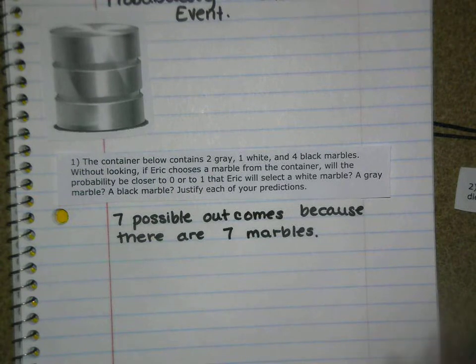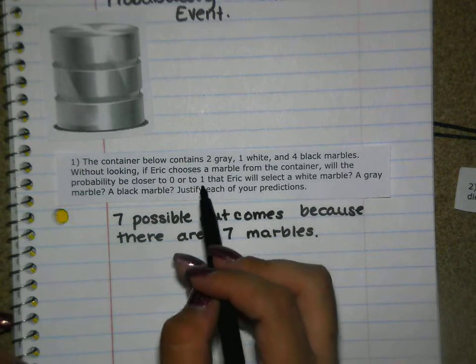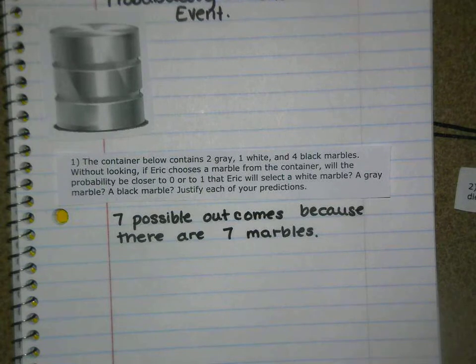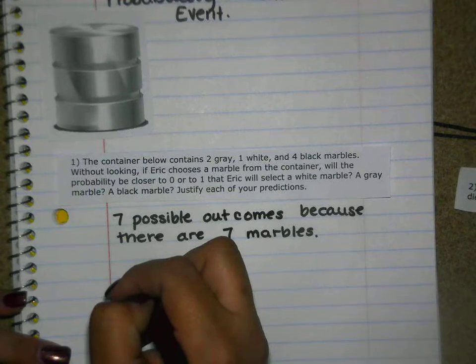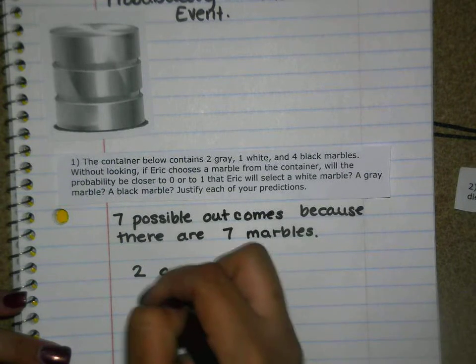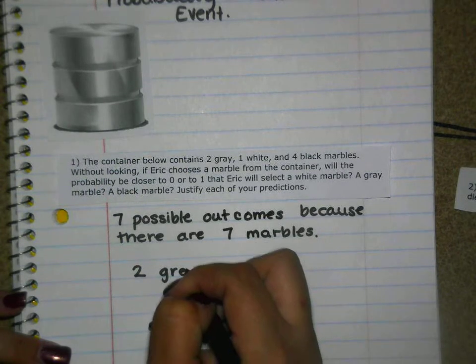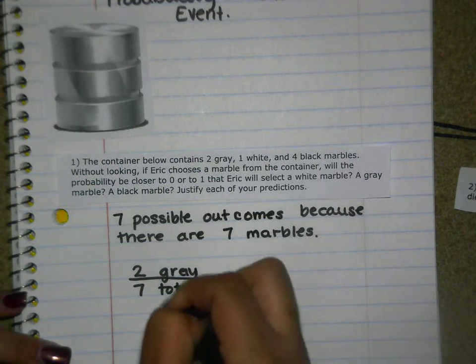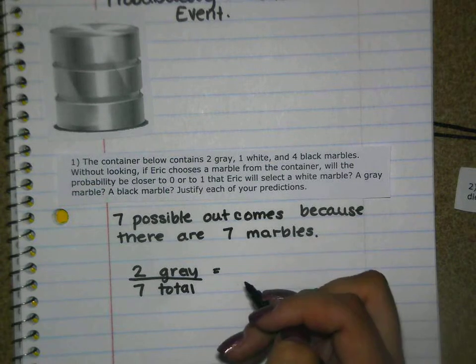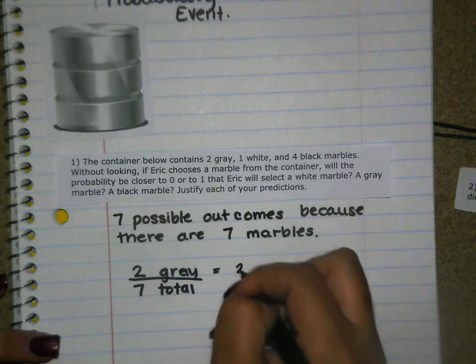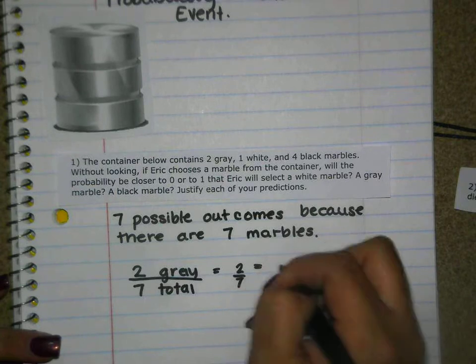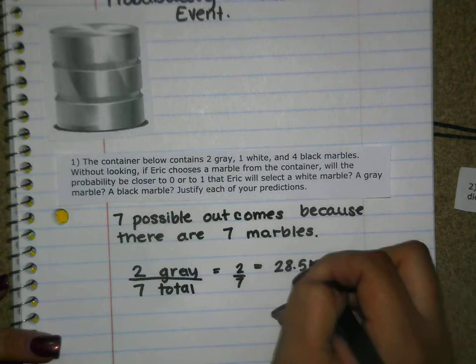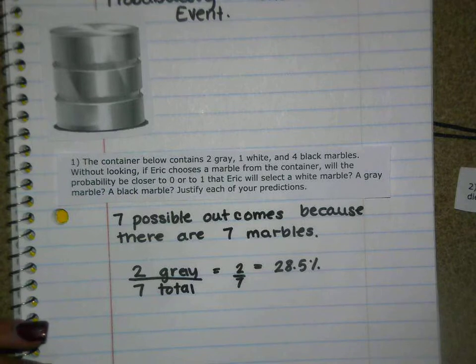All right, so what if I want to know what's the probability of the 2 gray marbles? Well, he sticks his hand in, and there's 2 grays over his 7 total, which means that he would have 2 over 7, which is 28.5% when we figure that out and we use a calculator and then move the decimal place over.